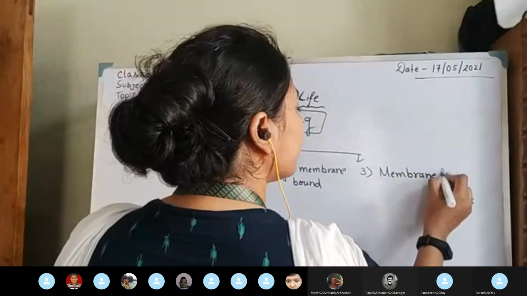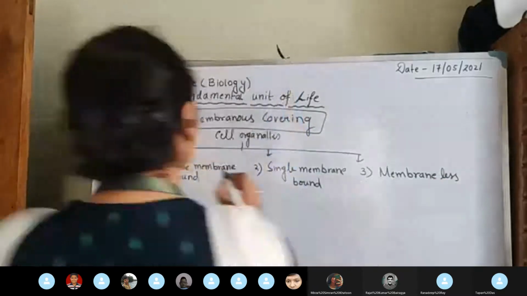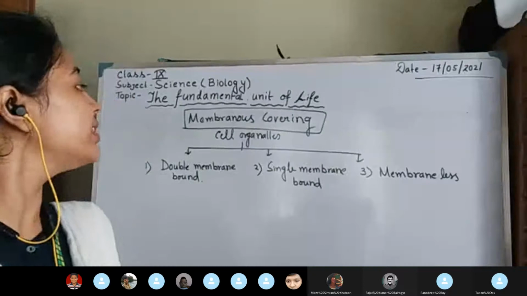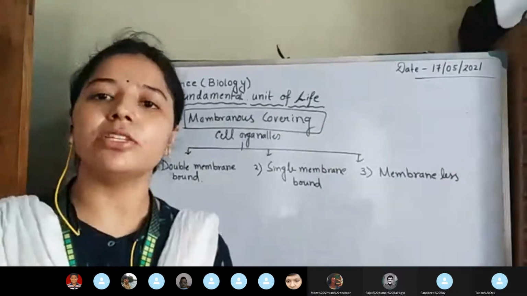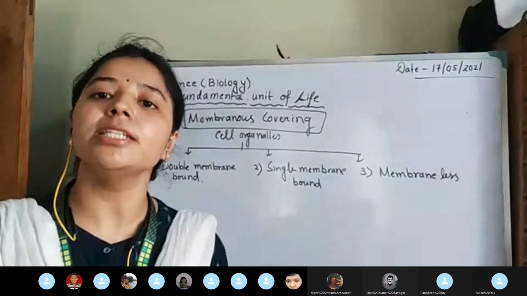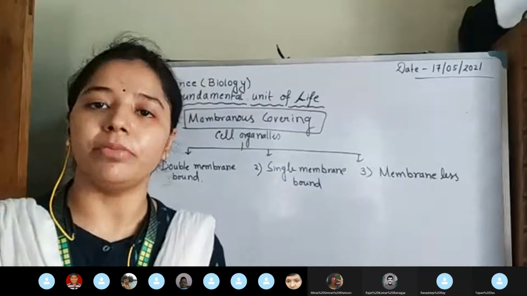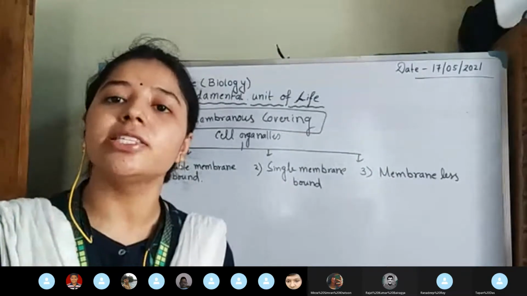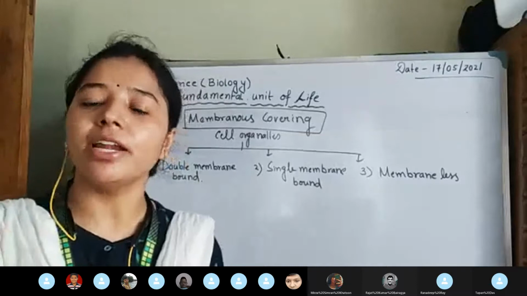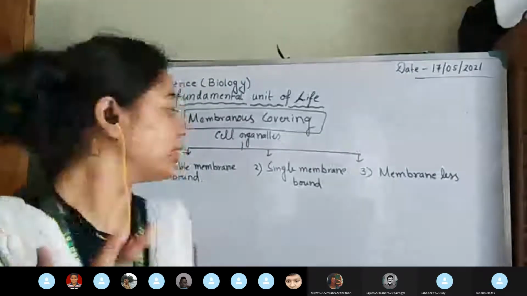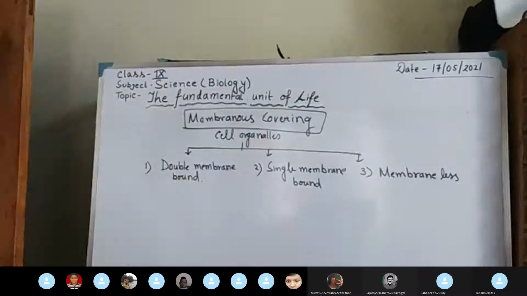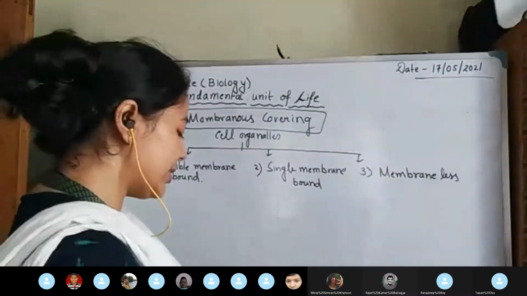Now you have these three classifications of cell organelles on the basis of the number of membranes present in them, or on the basis of membranous covering. Cell organelles can be divided into three categories: double membrane bound, single membrane bound, and membraneless.